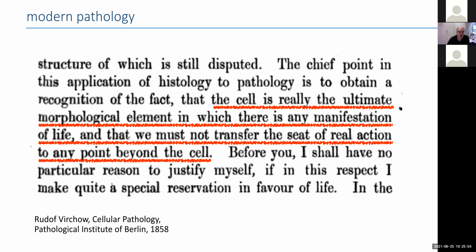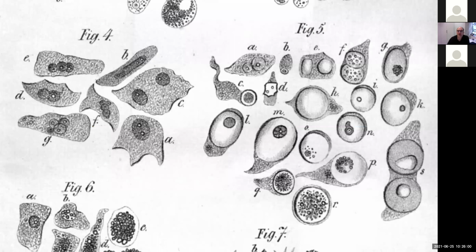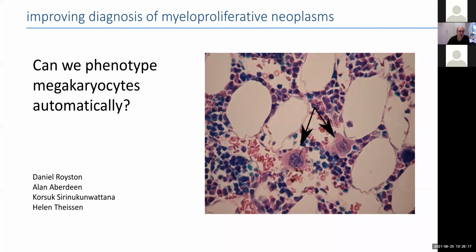And he was sort of a founder, or is considered the founder of modern pathology. And what he did at the time, he started drawing these pictures of cells. And of course, he started to almost like illustrate how cells change in the context of disease. And that actually sort of leads to my first example.